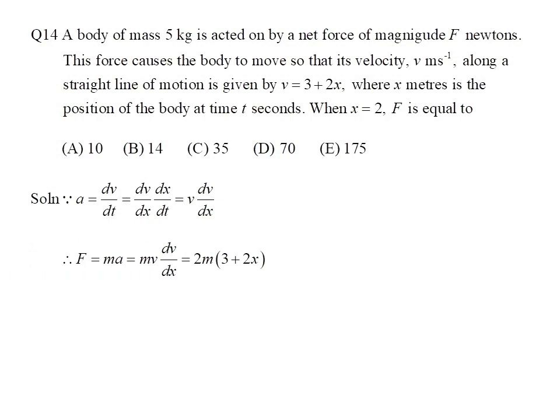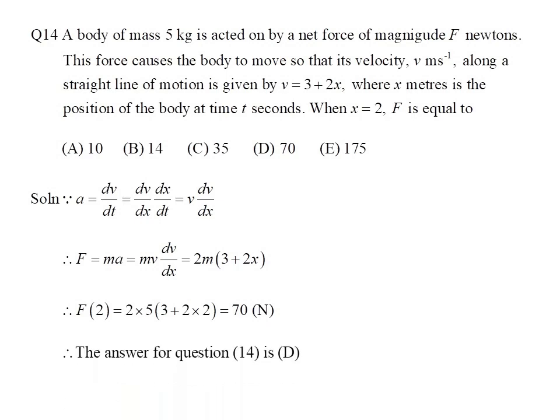According to Newton's second law, F equals ma, which can be written as mv times dv over dx, which equals 2m times (3 plus 2x). Hence, F at x equals 2 is 2 times 5 times (3 plus 2 times 2), which equals 70 newtons. Therefore, the answer for question 14 is D.